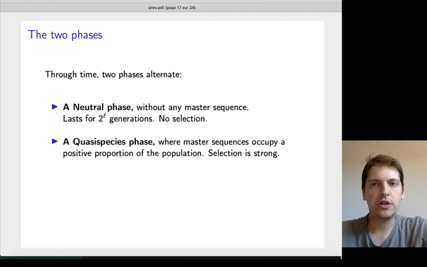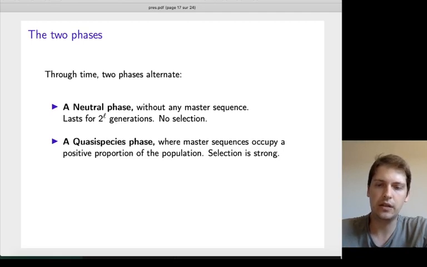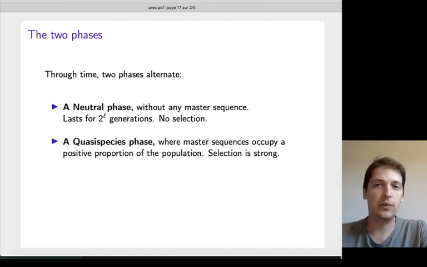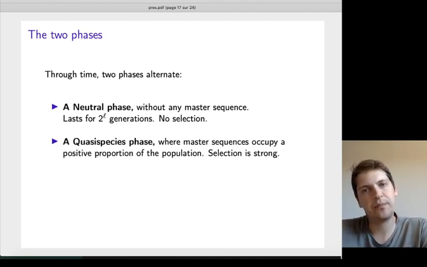We could measure the stability of these two phases by their duration, in how many generations it needs to go from one phase to the other. And actually, it works because if the parameter for mutation is very small, then the quasi-species phase will last very long because the offspring of master sequences will often be master sequences.